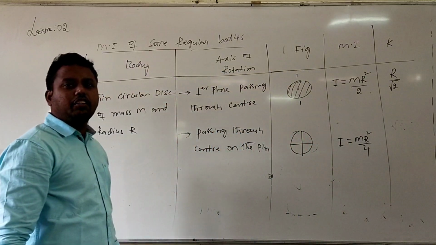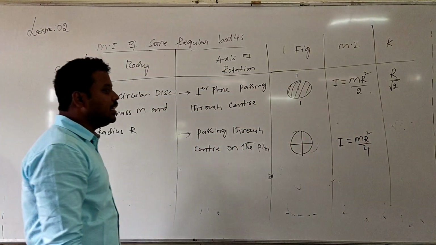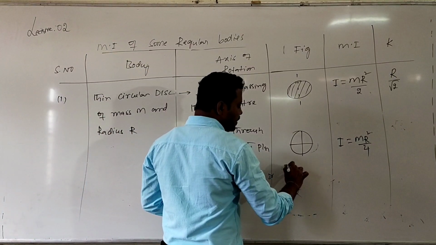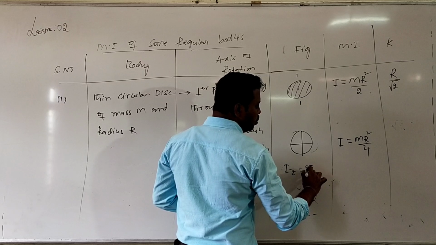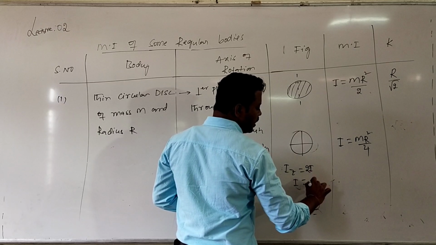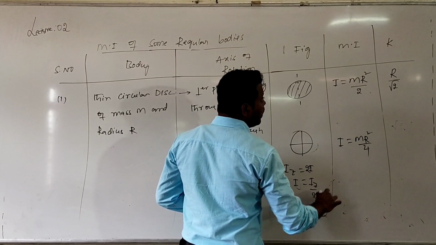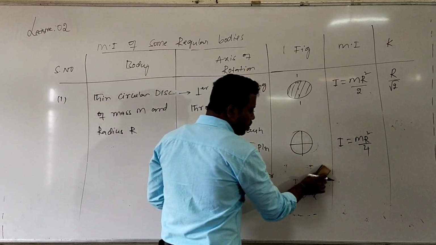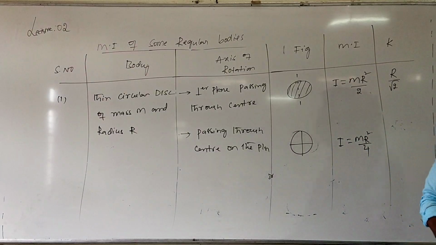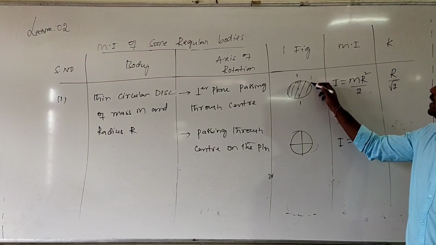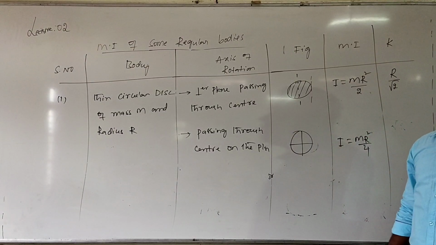Correct? Which theorem do we need to apply? The perpendicular axis theorem. According to the perpendicular axis theorem, Iz is equal to Ix plus Iy, which is 2 times I. Then I value is equal to Iz by 2, where Iz is mr square by 2. Then what will be the answer? Mr square by 4. If I want to calculate the moment of inertia about a tangent perpendicular to the plane, again, which theorem?